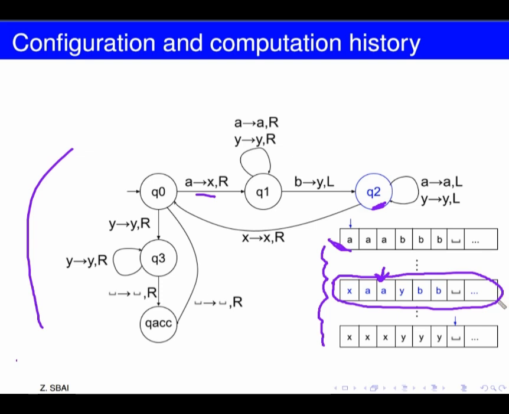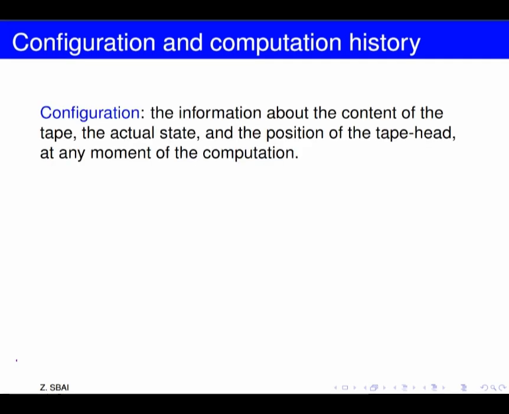This information defines a configuration. So a configuration is the information about the content of the tape, the actual state in the transition diagram, and the position of the tape head at any moment of the computation.